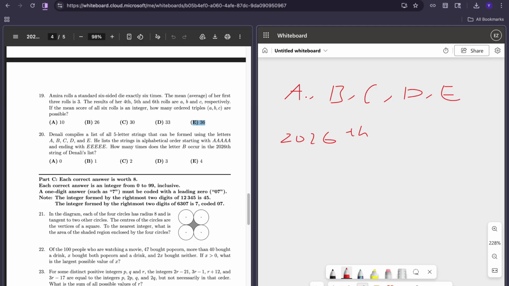Through observation, we see we're trying to turn this into modular 5. This means A is 0, B equals 1, C equals 2, D equals 3, E equals 4. The biggest number to appear is E, which is 4, because every time you get a 5, it automatically goes to the next digit.